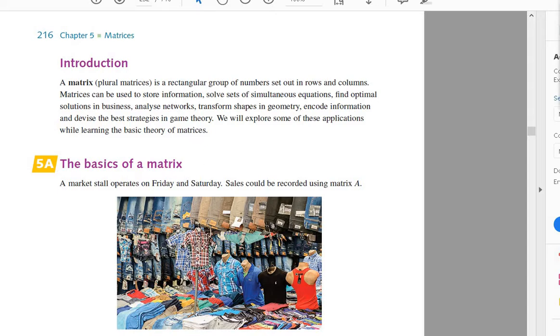Matrices is the plural of the word matrix, and a matrix is nothing but a rectangular arrangement of some numbers.